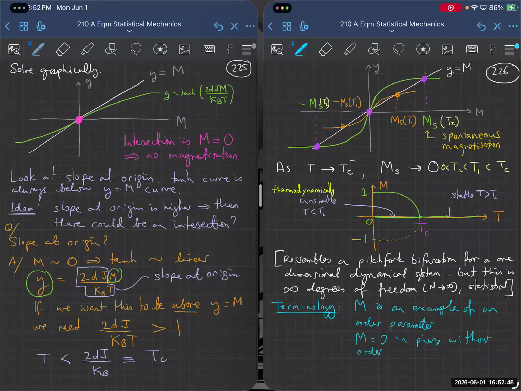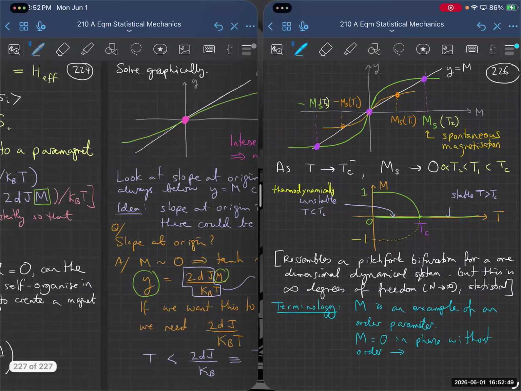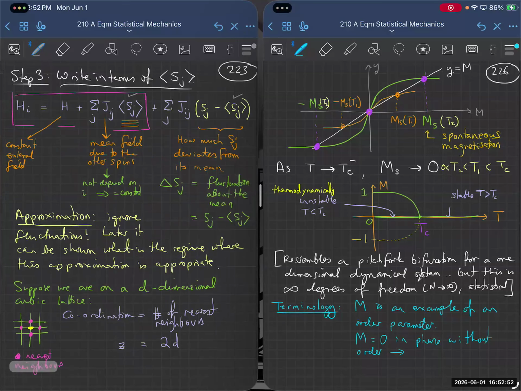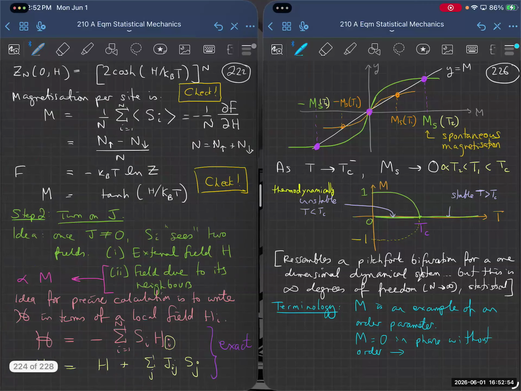And what is the phase without order? If M is equal to 0, remember that the magnetization is really the difference between the number of spins pointing up and the number of spins pointing down. So that means that the expected number of up spins is equal to the expected number of down spins, and so there is no order. There's just some random fluctuations in the system.